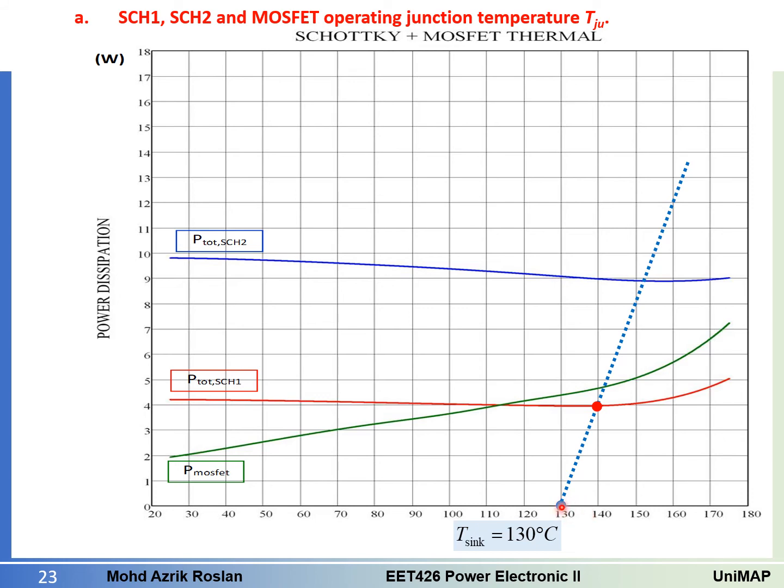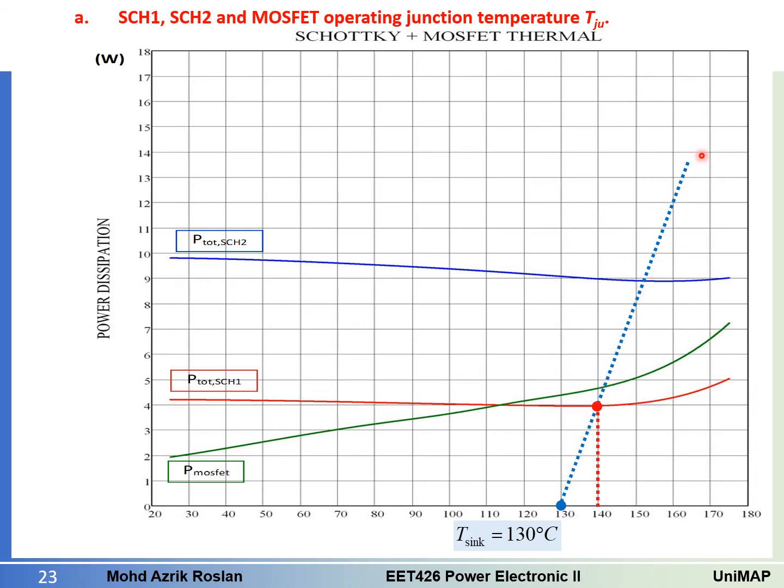If you see closely, the increment of 10 degrees C, from 130 to 140, and then the power is increased by 4. Remember our calculation for the power, when we increase the temperature by 10 degrees C, the increment of power is 4. So this is the straight line that we want to draw.